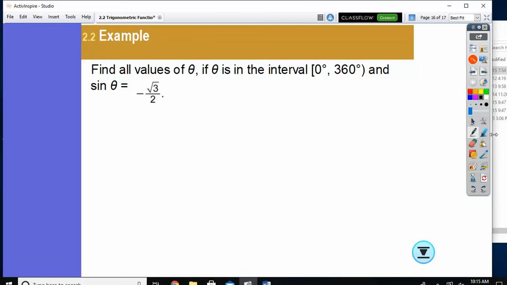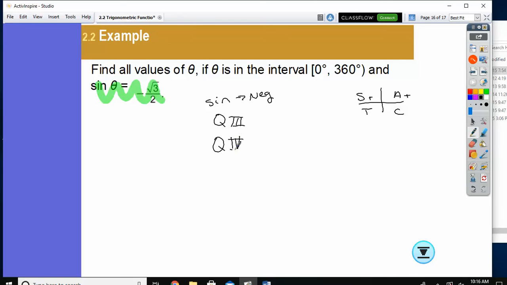If I start with this statement, what I see there is that sine is a negative. In which quadrants is sine negative? 3. They're all positive in 1. Sine is positive in 2. So it would have to be quadrant 3 and quadrant 4. So I'm going to have two answers, one for each of those quadrants.